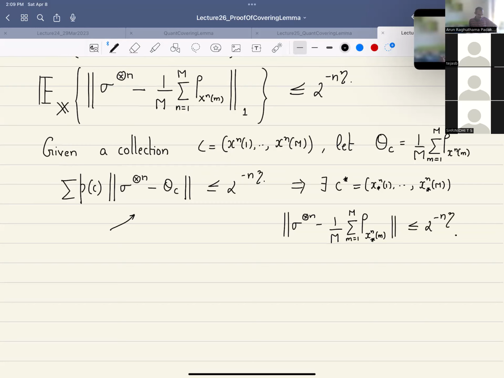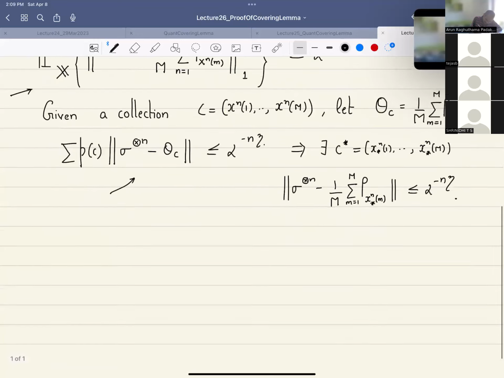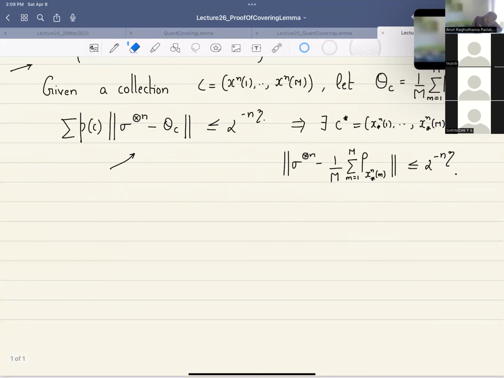So we have to just show that this is true. And what is our collection? If I take a collection, my collection is x1 of 1, x2 of 1, all the way until xn of 1. This is the first element in that collection.